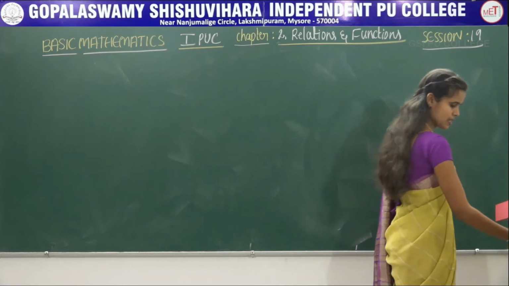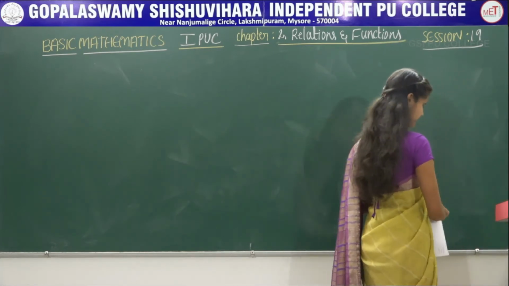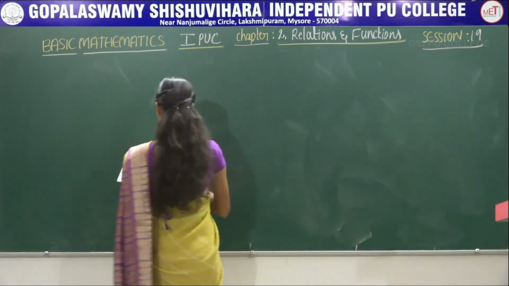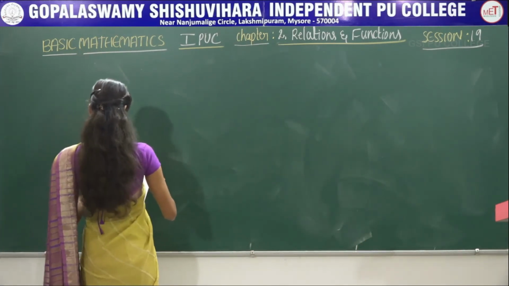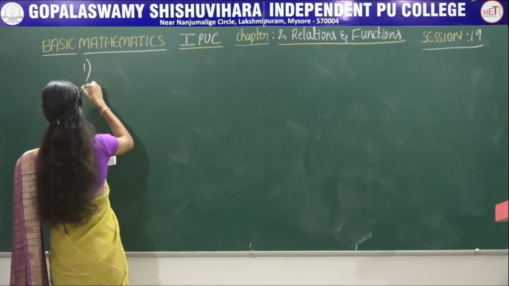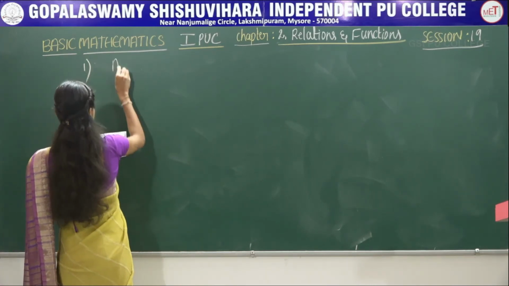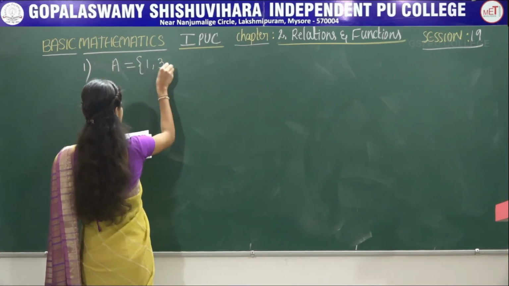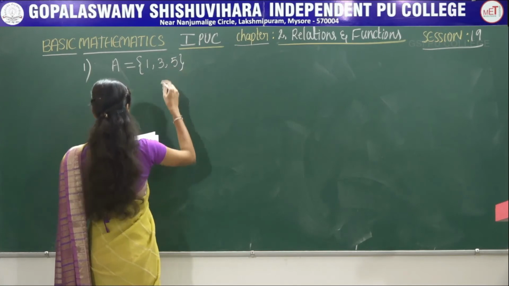Now let us discuss some problems. First one, A is equal to the set of all elements 1, 3, 5.